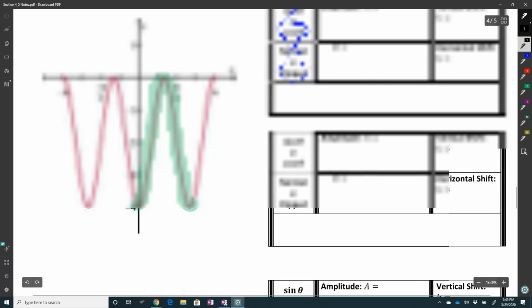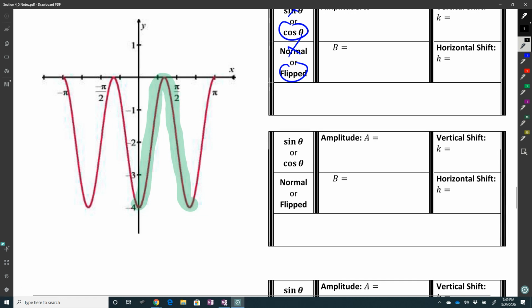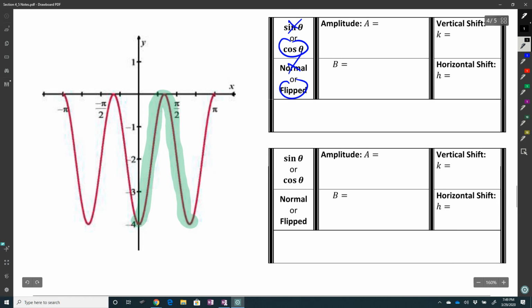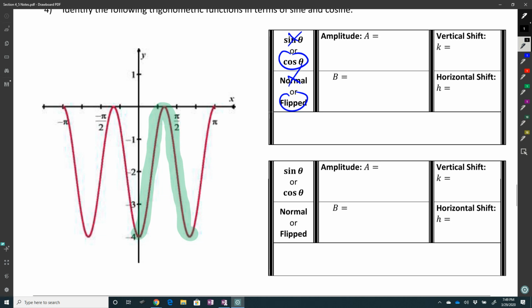Notice that since the x-axis doesn't go right through the middle, it's a little harder to see. But my peak is at 0. Remember, it's just peak minus valley over 2. So my peak is 0. I'm looking at the y values. My valley is -4.